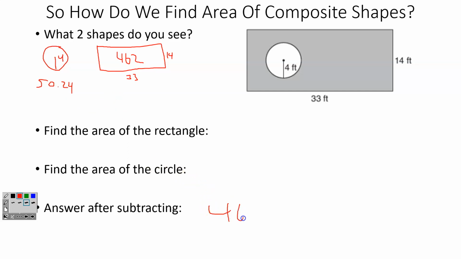So 462 minus 50.24 gives me an answer of 411.76 feet squared. Because they're overlapping, we subtract. That 411.76 is how much of the shaded area is left after the circle.